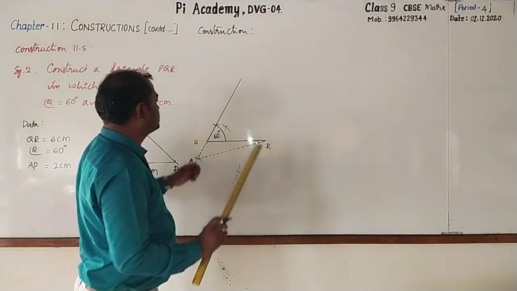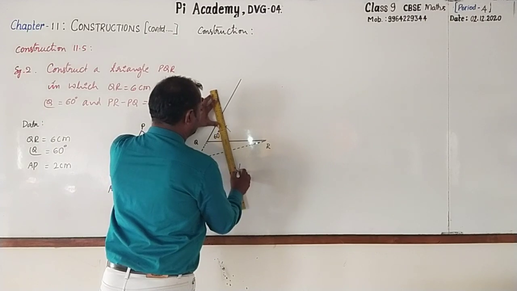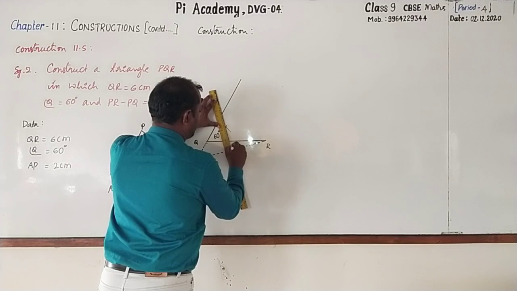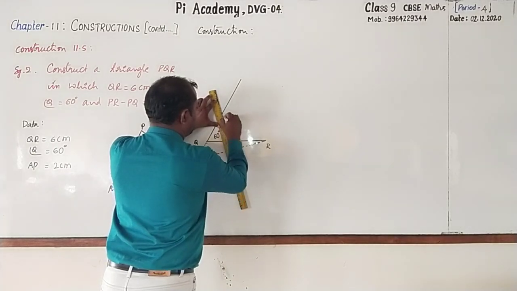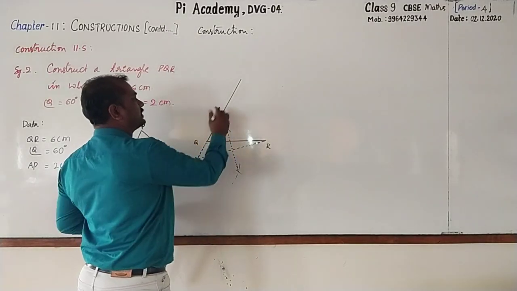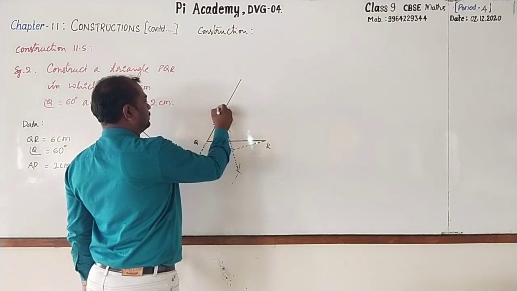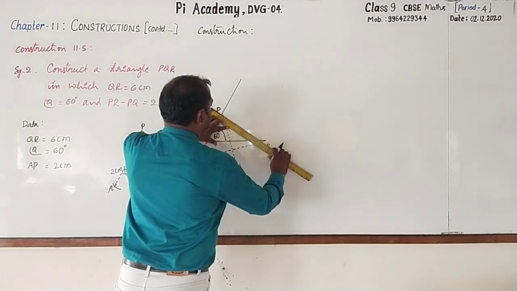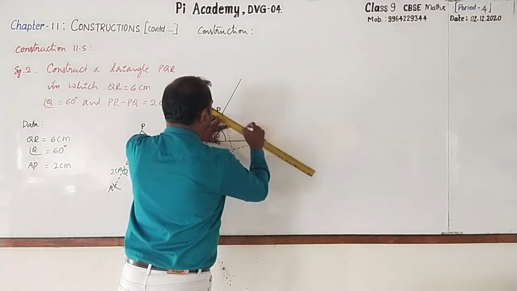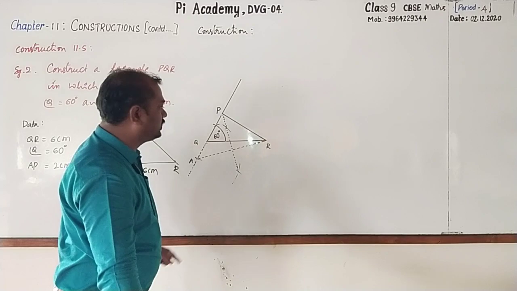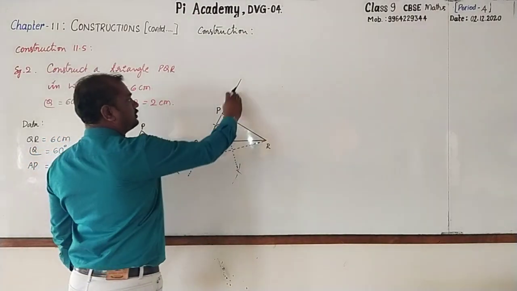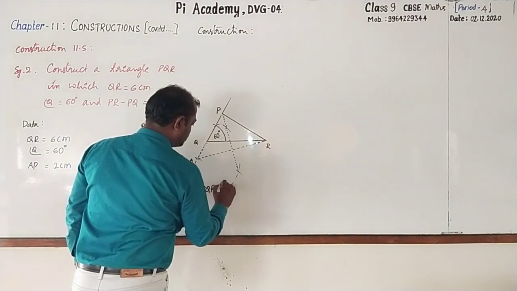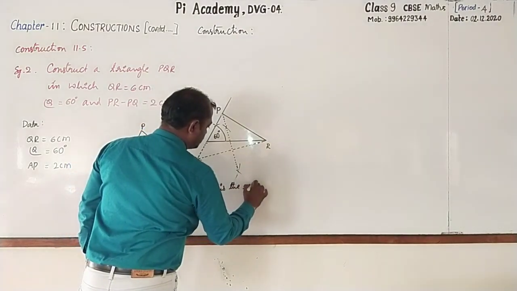Then take scale and pencil, draw the line through these points, and such that it will intersect the arm of the angle at a point P. Now join PR. So PQR is the required triangle.